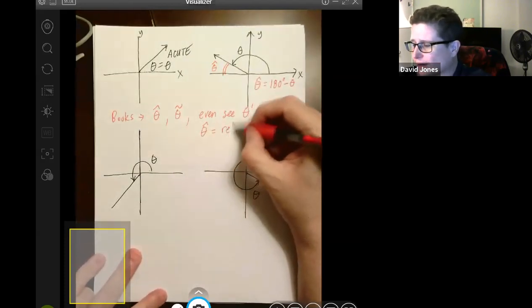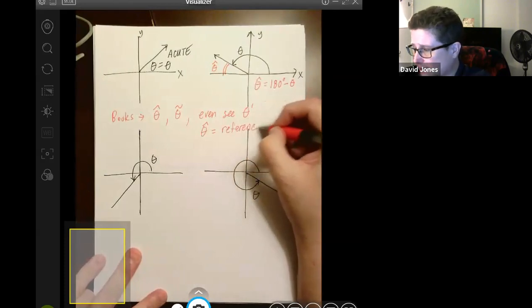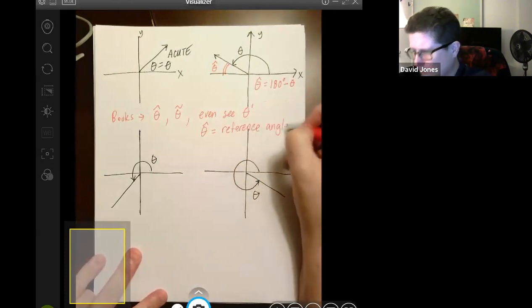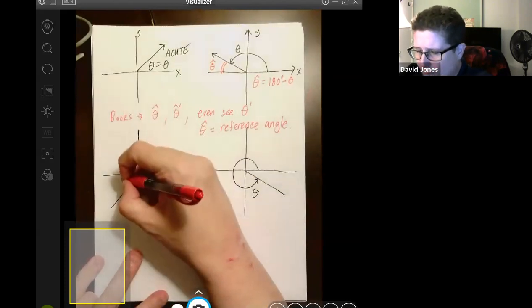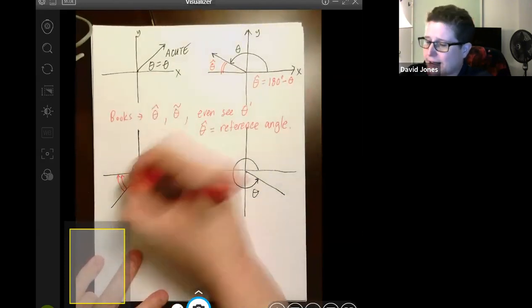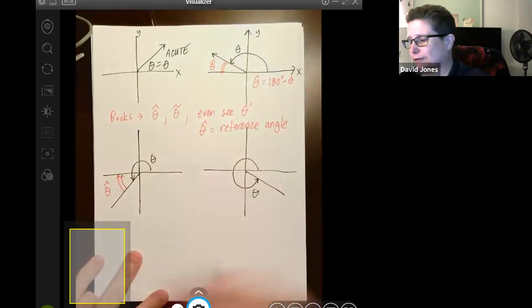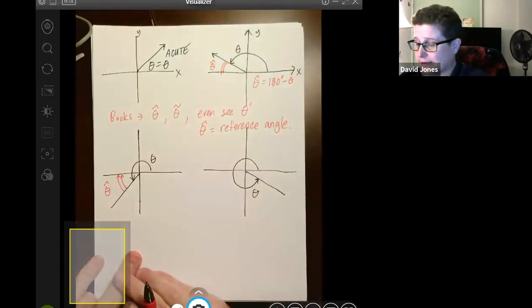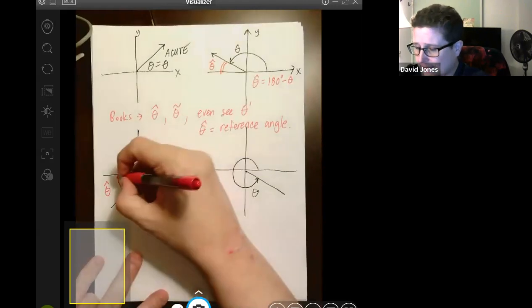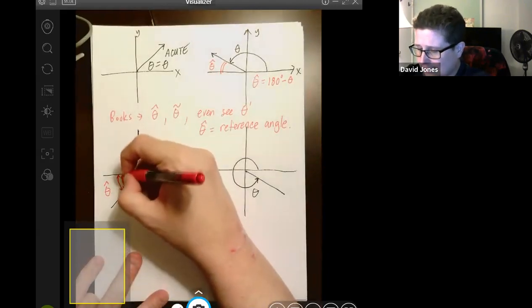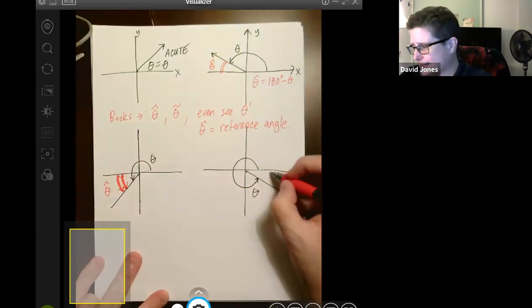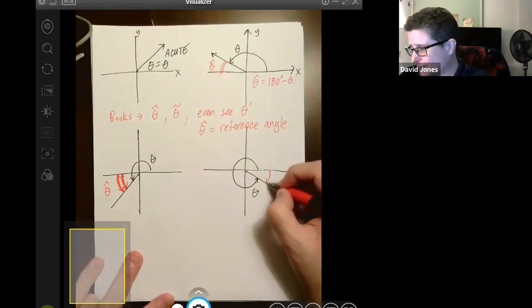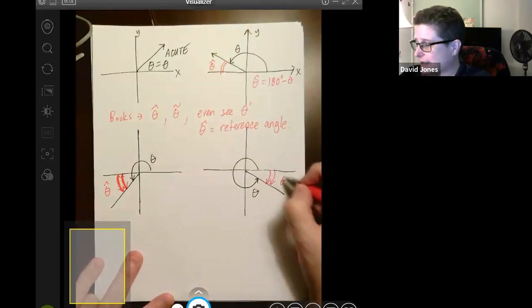This is called the reference angle. The reference angle in quadrant 3, you go back to the x-axis. This is theta hat, that angle right there, from the x-axis. And same with here. From the x-axis, theta hat.